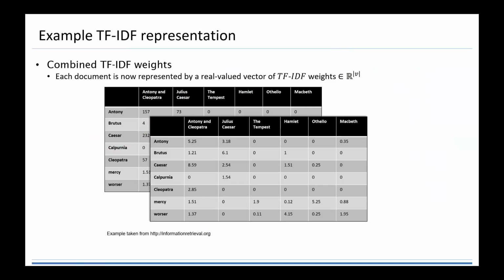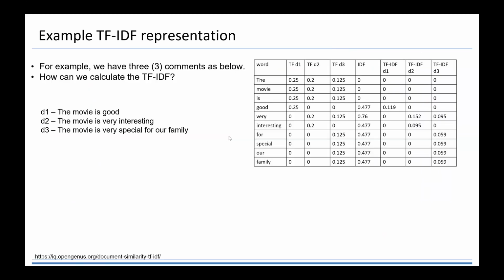So if we have the TF and we have the IDF, then we can do the multiplication. This is a very high number, so let's see it with a small amount of data. Let's say we have just 3 comments.